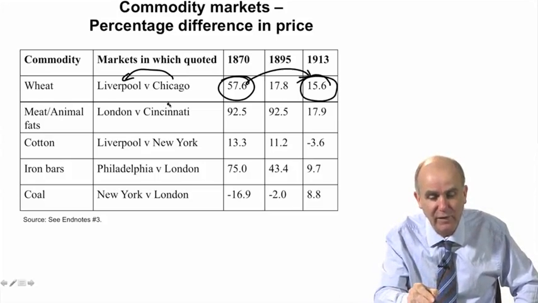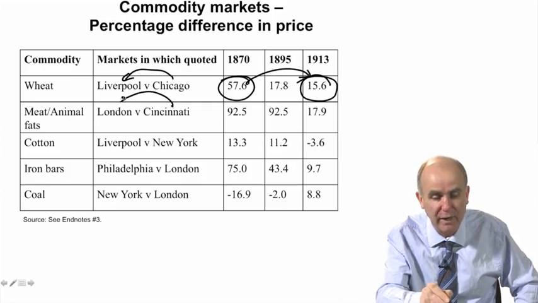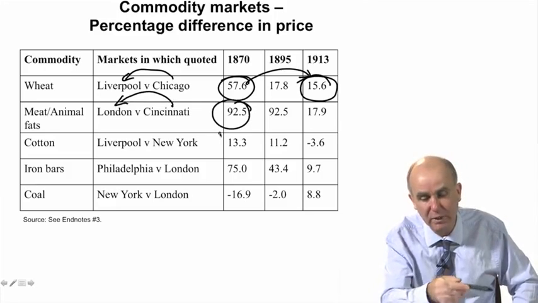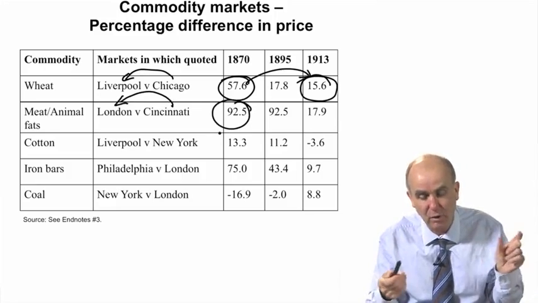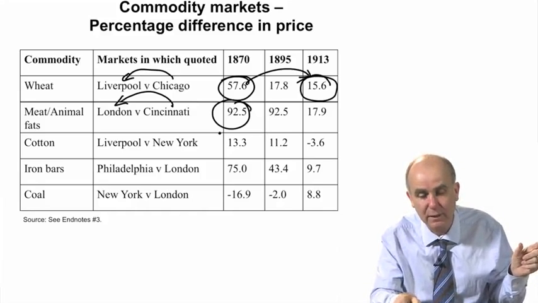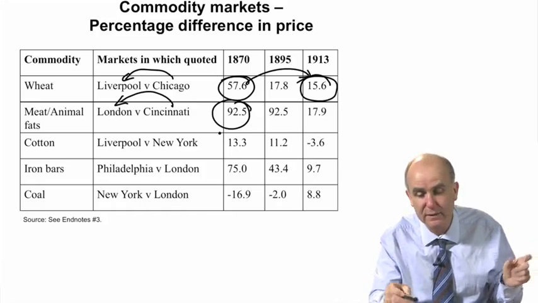Similarly, meat and animal fats went from America to Europe, and the price differential used to be that a pound of beef, say, sold for almost 100% more in London than in Cincinnati.